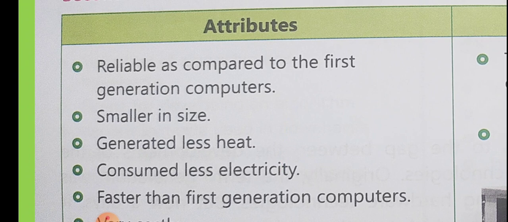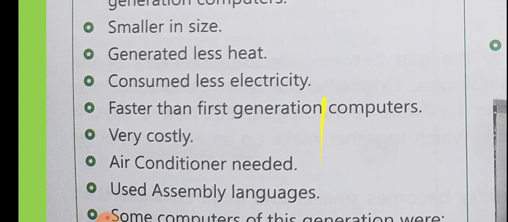They are also very costly. They also require air conditioners because they also generate lots of heat, but somewhat less in comparison to first generation. And the language we used in second generation is assembly language.